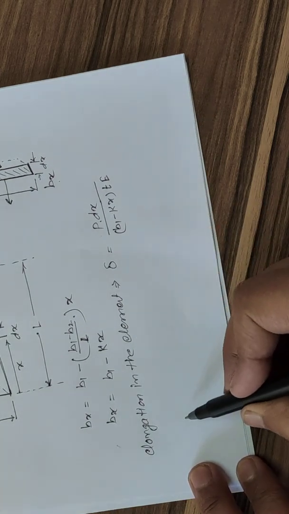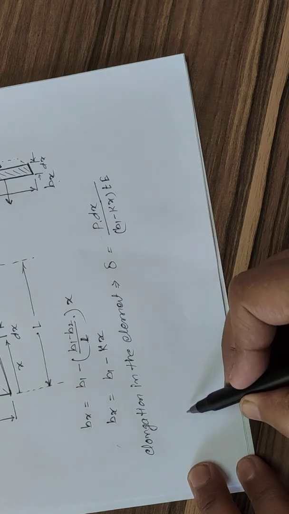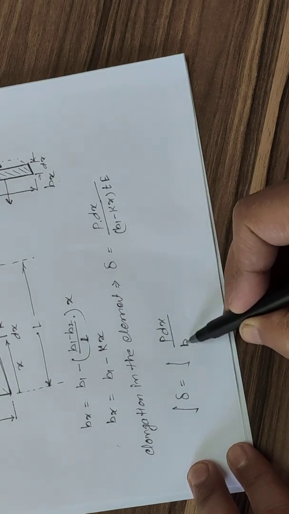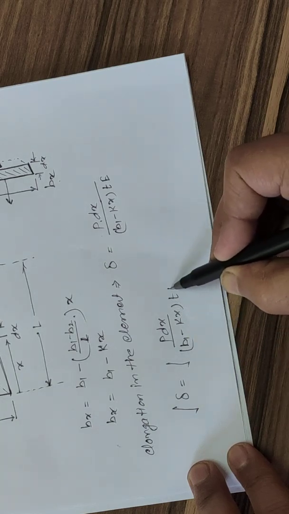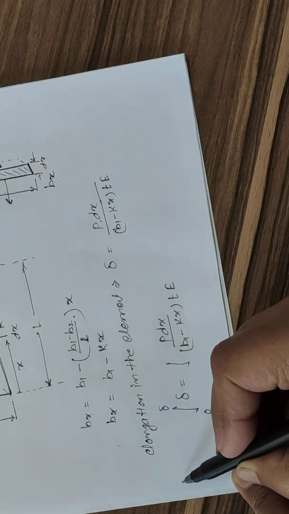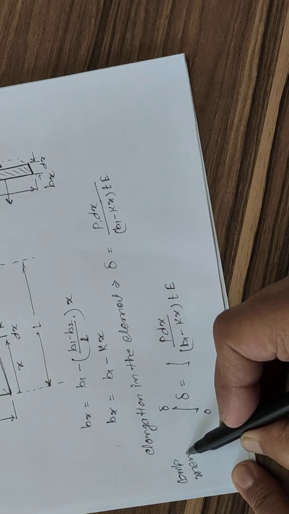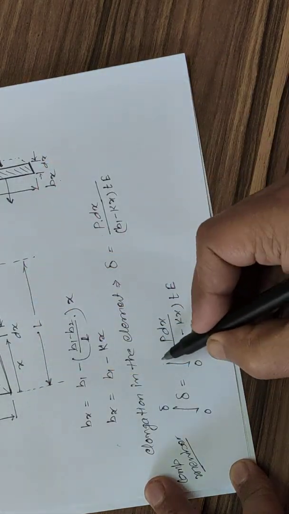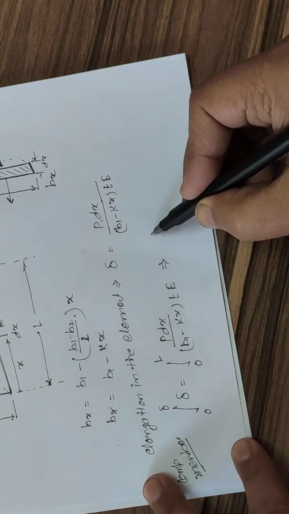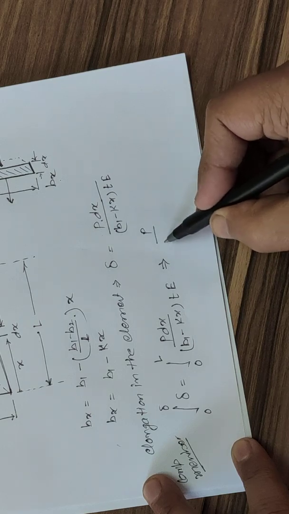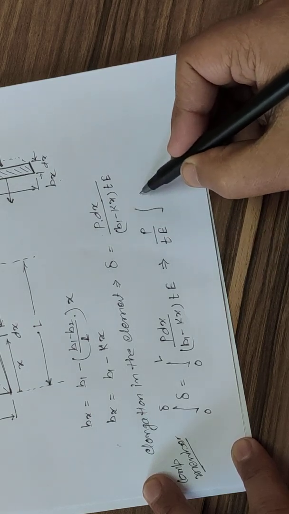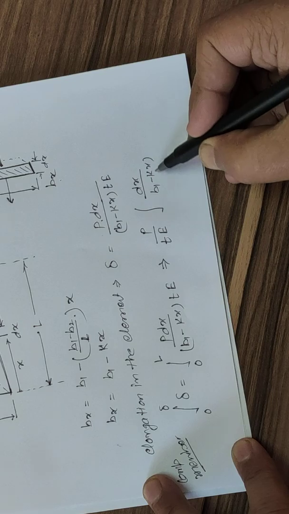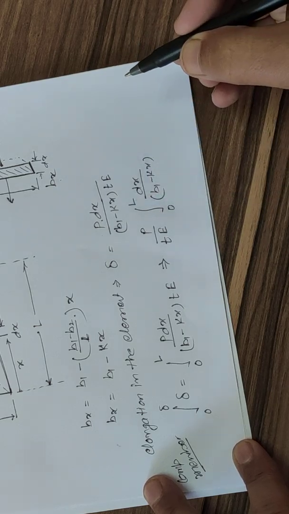This is for the element, and for the complete member we will integrate: del equal to integration of P dx divided by B1 minus K into X, T into E, with x varying from 0 to L. P is constant, so we can write P divided by T into E as a constant, and inside we will have dx divided by B1 minus K into X, from 0 to L.